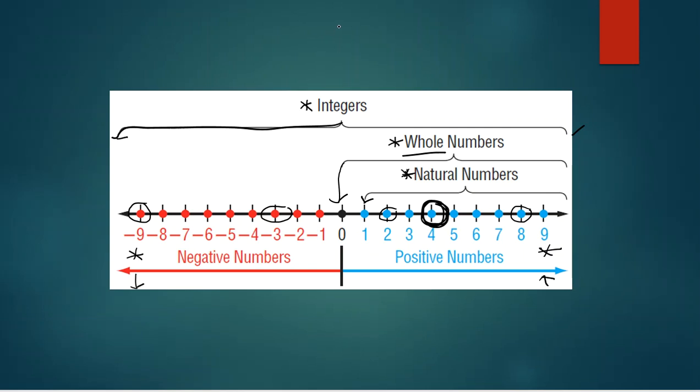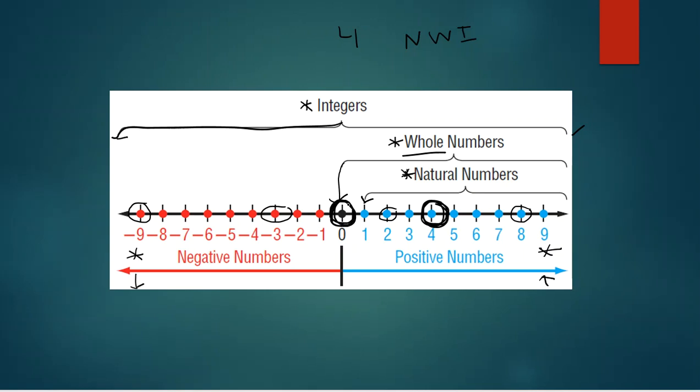So the number 4 can be a natural number, a whole number, and also an integer. I'm just going to put an I for integer. Okay, let's look at the number 0.